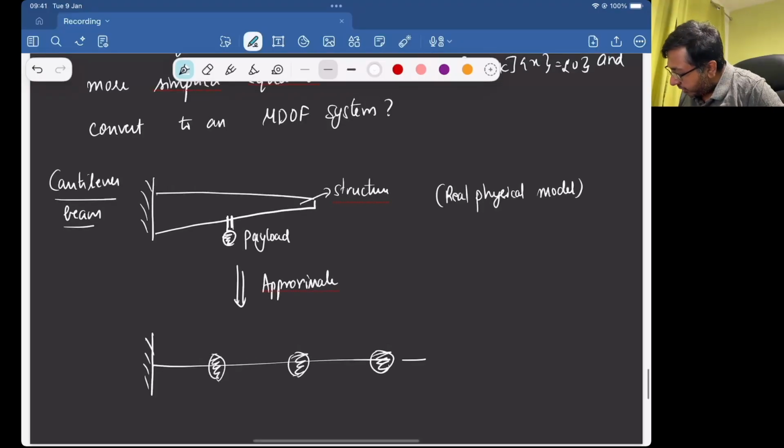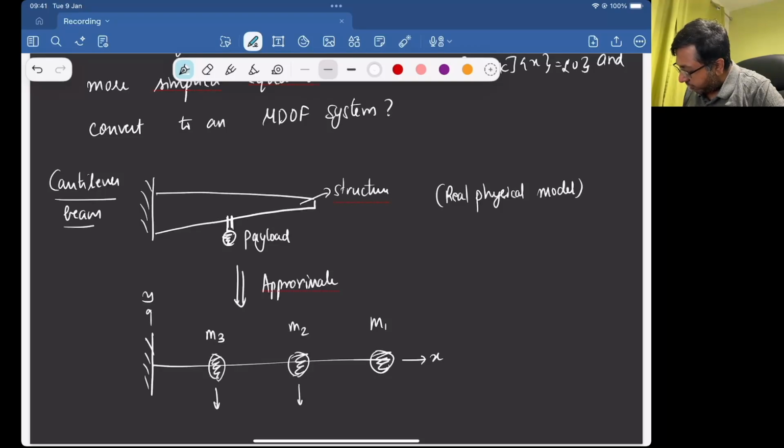Okay, so this is our x direction, this is our y direction. This is mass m1, m2, m3. Each of these has some degrees of freedom. I'll assume there's only a transverse motion, up and down, so I'll call these y1, y2, y3.